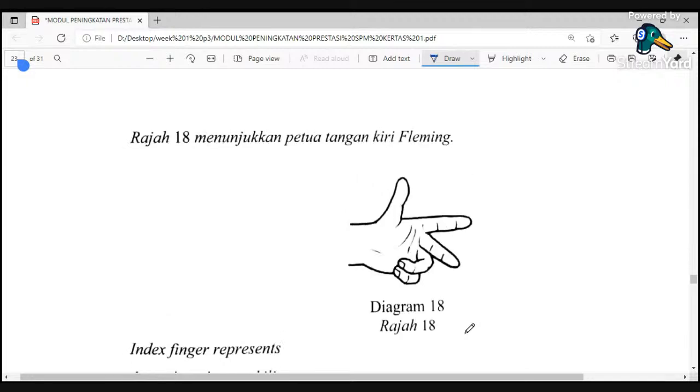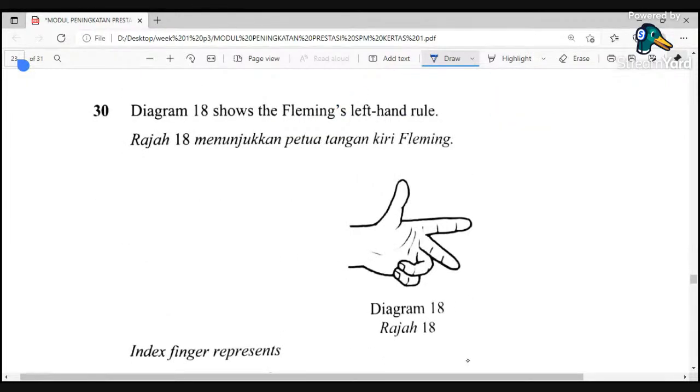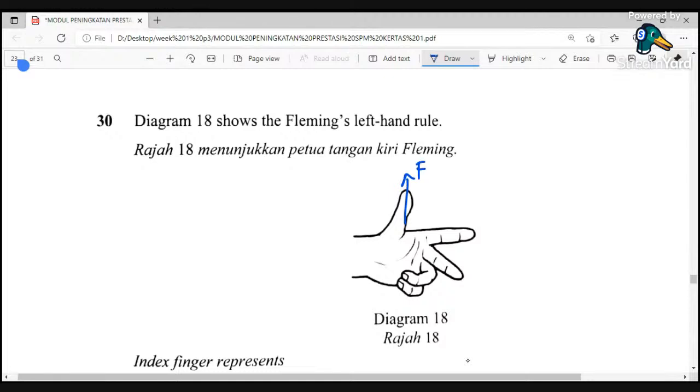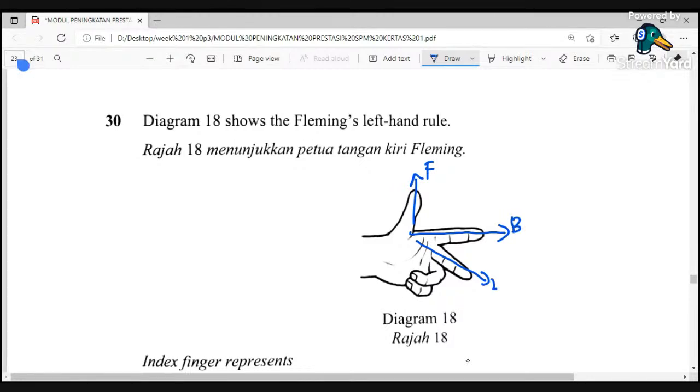Okay, number 30, Fleming's left hand rule, tangan kiri Fleming, index finger represent. So ini direct saja, FBI. F pistol, tahu FBI, FBI polis yang suka tembak. F ni apa? Force atau motion. B ialah magnetic field.